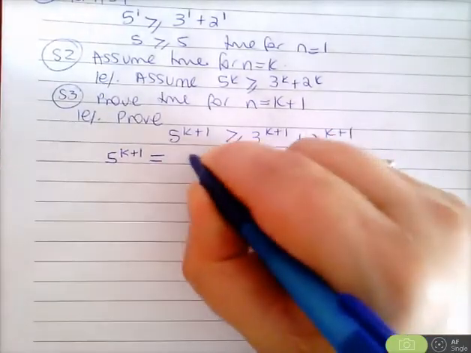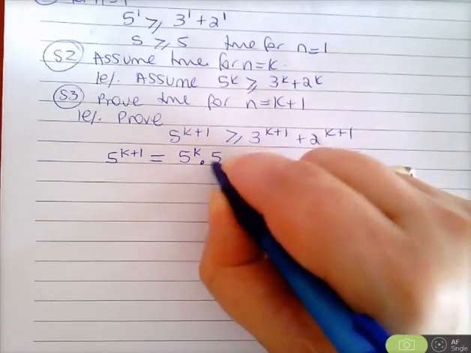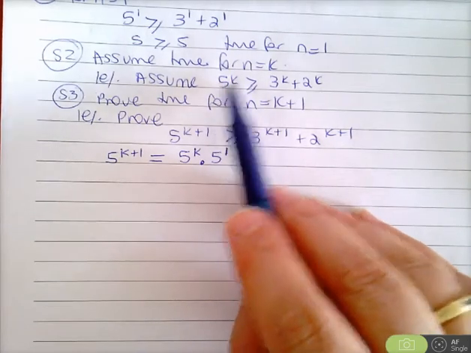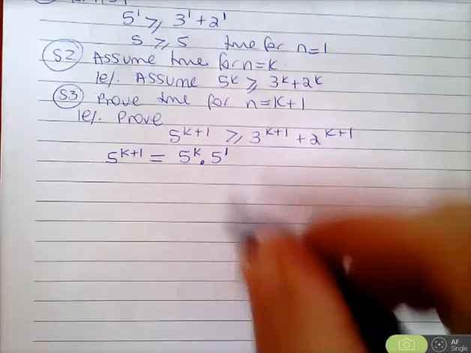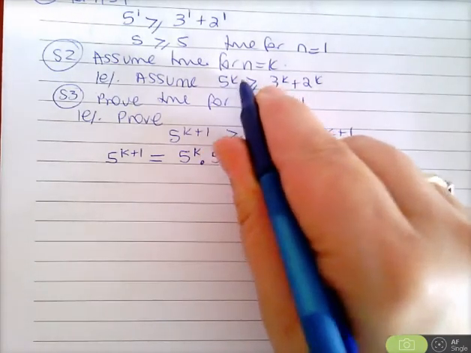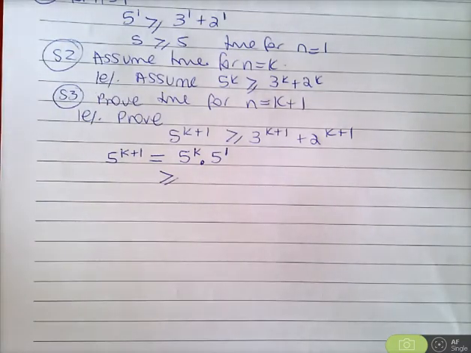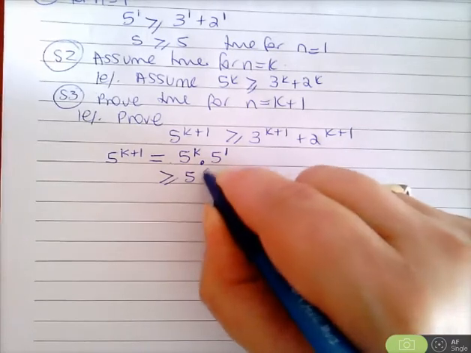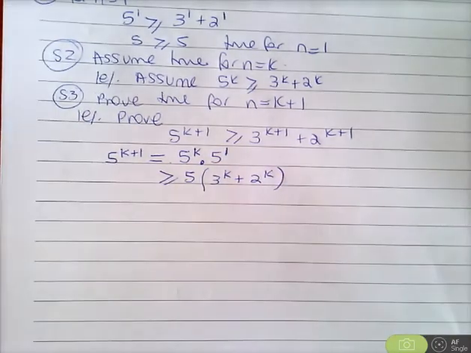5 to the power of k plus 1 is equal to 5 to the power of k times 5 to the power of 1. Now, because from the assumption 5 to the power of k is greater than or equal to 3 to the power of k plus 2 to the power of k, we can't put 5 to the k equals that. We now go greater than or equal to. The 5 I'm going to move to the front, times 3 to the power of k plus 2 to the power of k.